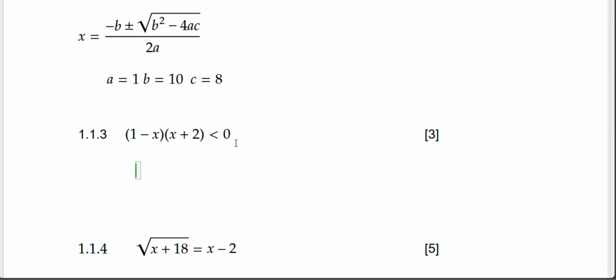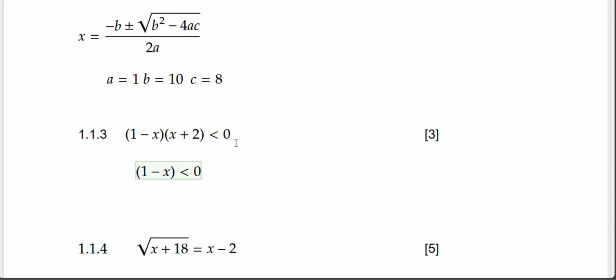Now we're going to do 1.1.3. So for this one, it's an inequality, so this thing is already factorized. So it's 1 minus x, into x plus 2, is less than 0. So okay, you're going to say either the first term is what?